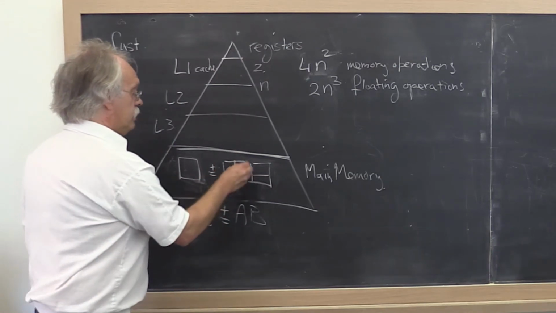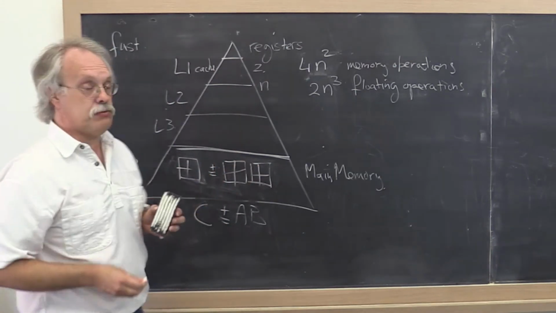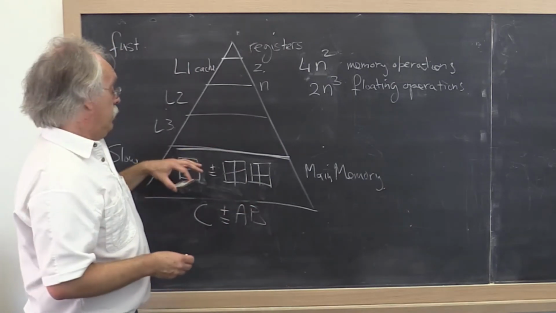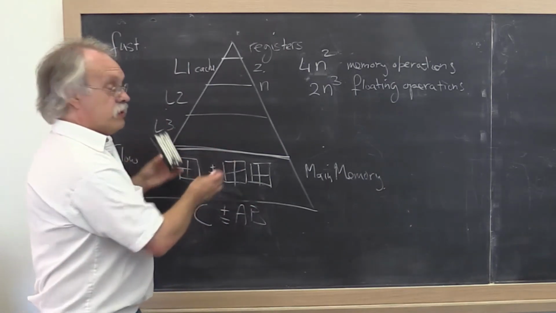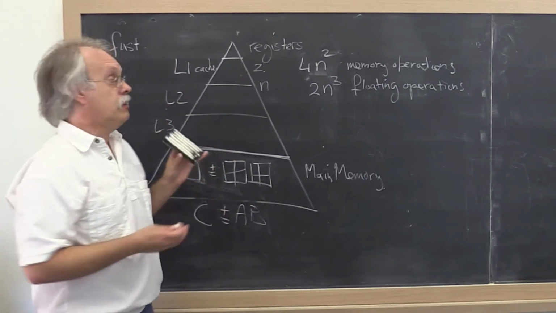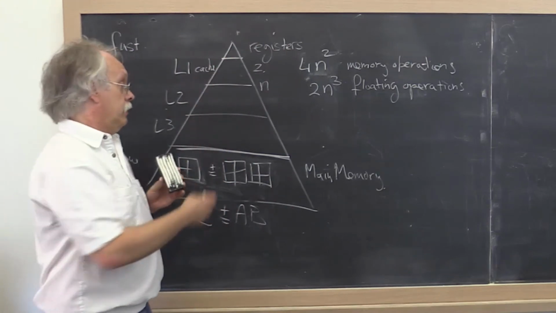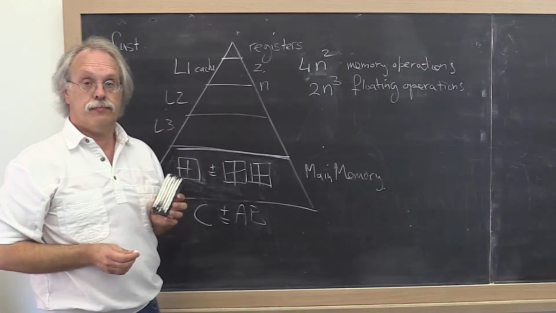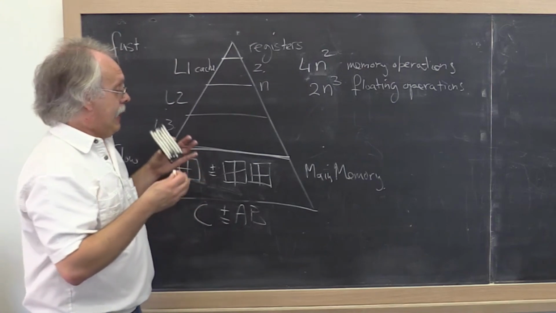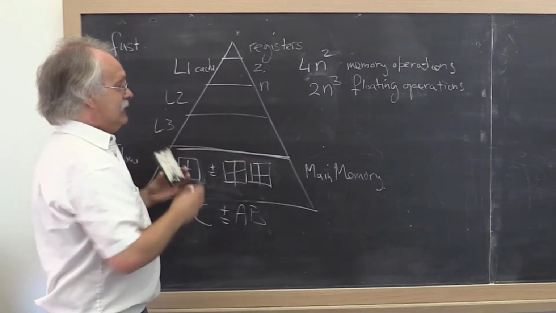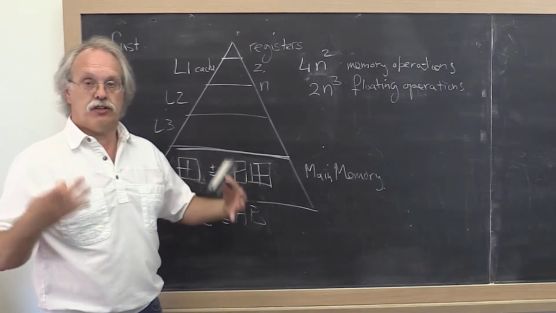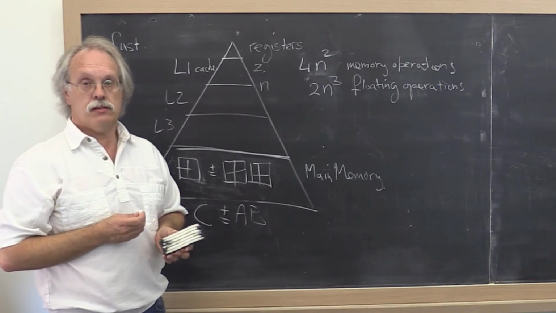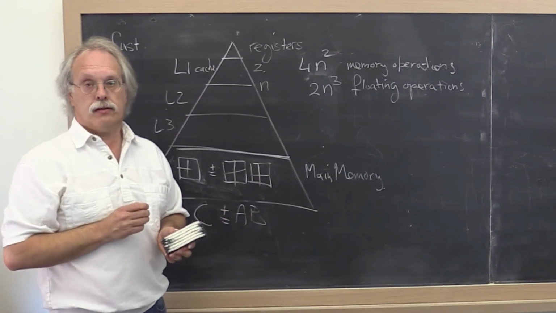The solution is to somehow partition these matrices in a way so that you work with smaller subproblems that actually fit in the various caches. Now, how to slice and dice this so that you can get extremely high performance, that is the topic of the next video.